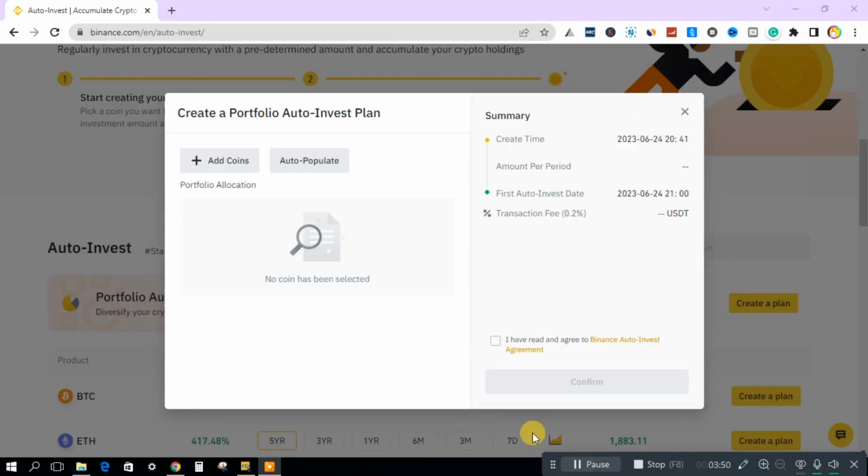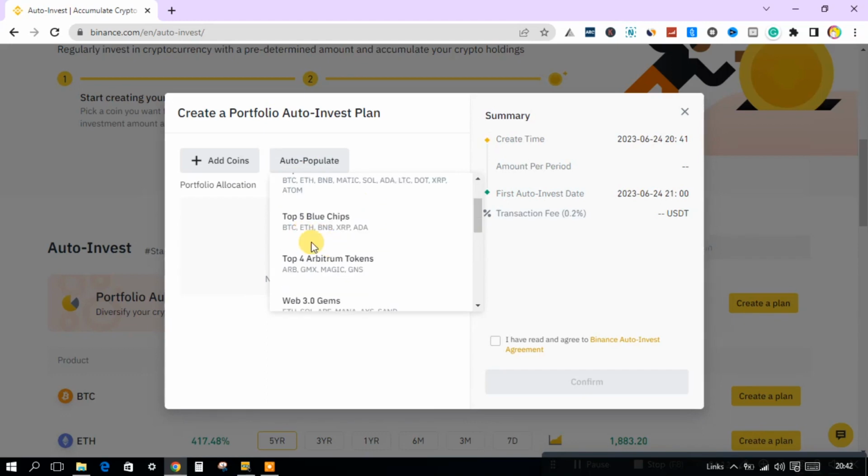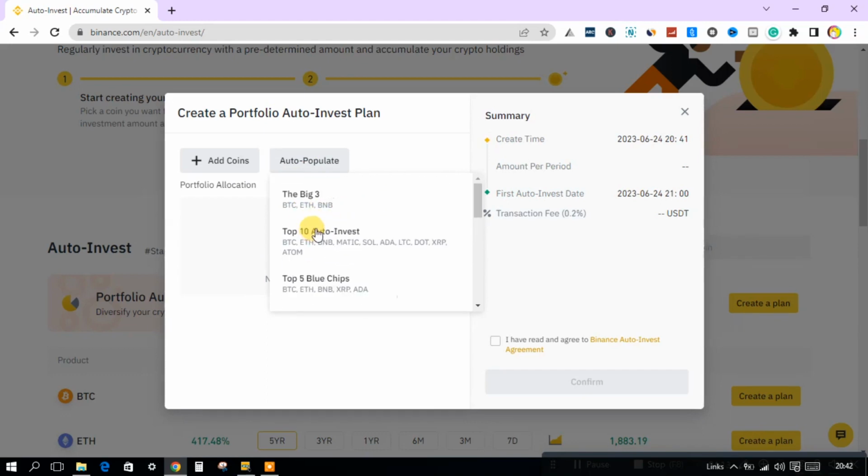Here you can choose to add the coins one after the other. If you know the cryptocurrency that is going to rise in the nearby future, you can do it, and you can do your research on CoinMarketCap. And then auto populate, you click on that, and you can choose top 5 blue chips and top 10. I used to go by the top 10 Auto Invest.